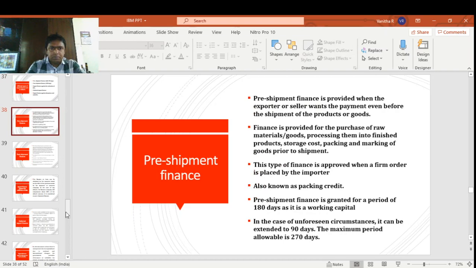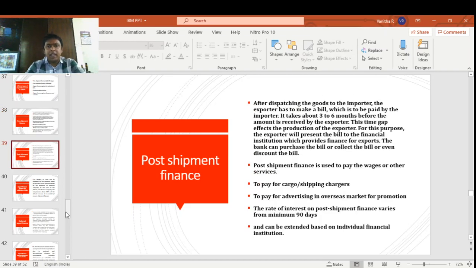Then the post-shipment finance is after dispatching the goods to the importer. In the sense, you have already given away your products to the importer. He has already received it, and a bill is to be paid by the importer.